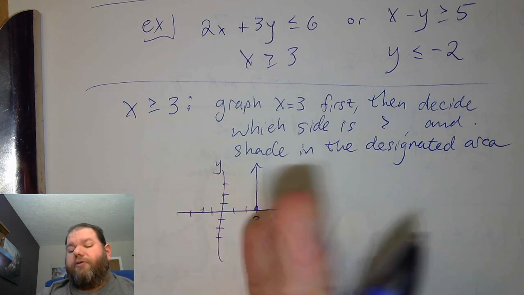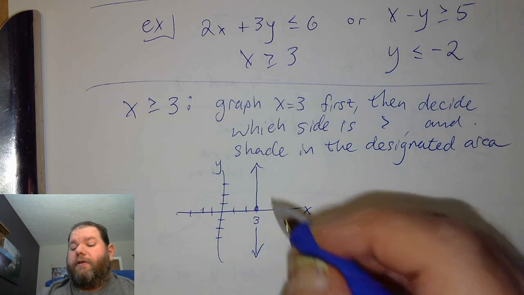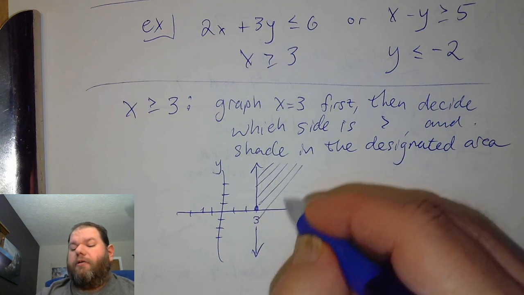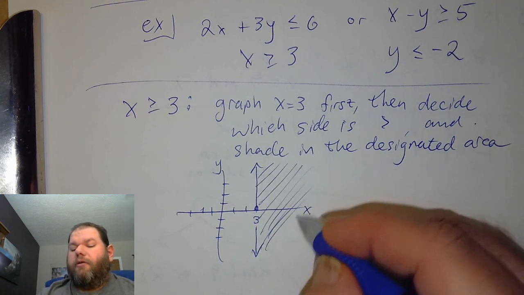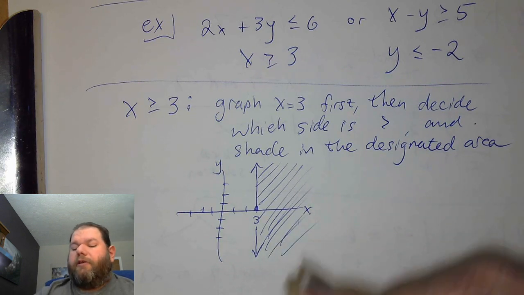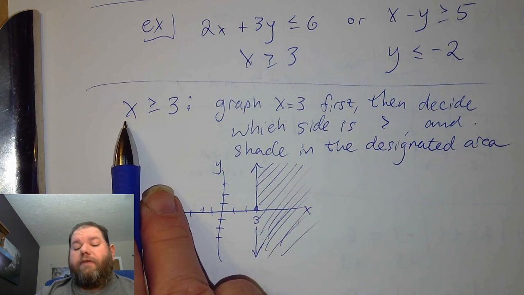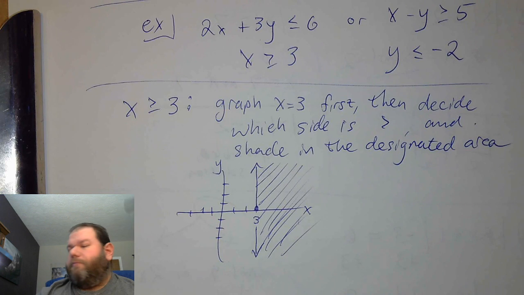Would the left side or the right side be greater than? To the right, yes. Okay. So basically, any coordinate that we pick in this shaded area, the x value will be greater than or equal to 3. And that is the goal.